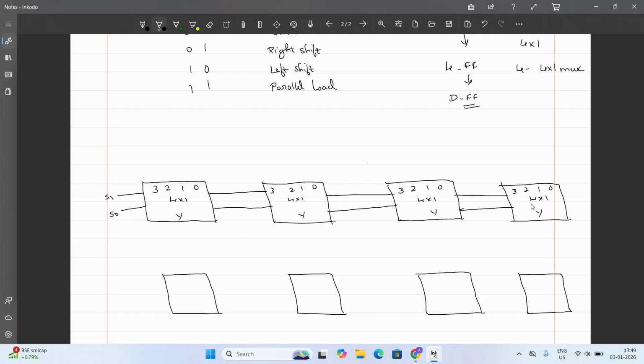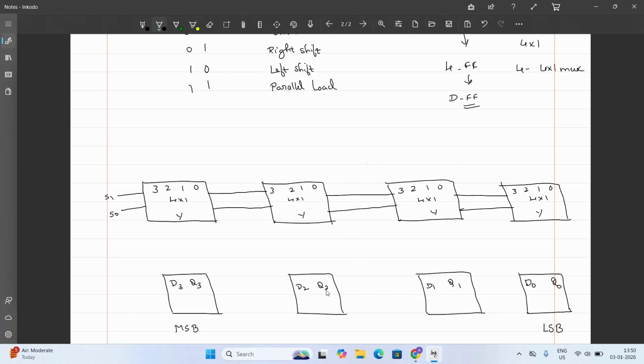So these are the 4 multiplexers. Now coming to the flip-flops, I told you we are using D flip-flops. This side is going to be your LSB, and here I'm taking the MSB. So this will be D0, Q0, D1, Q1, D2, Q2, D3, Q3. So this is now ready.